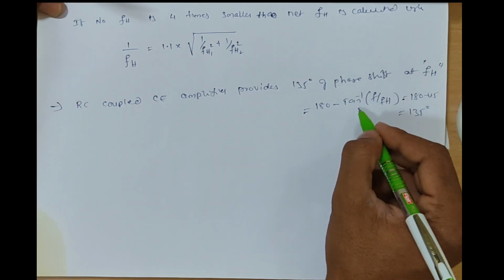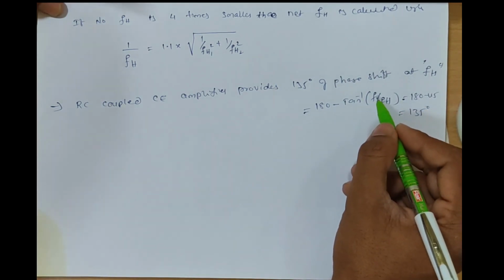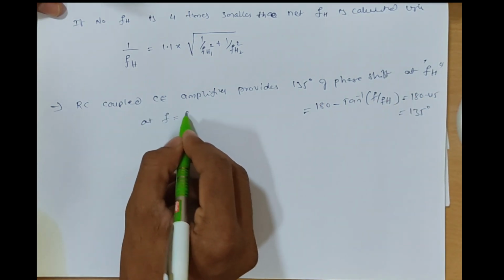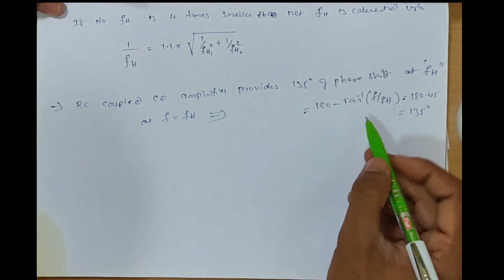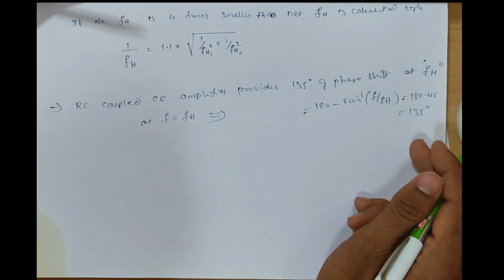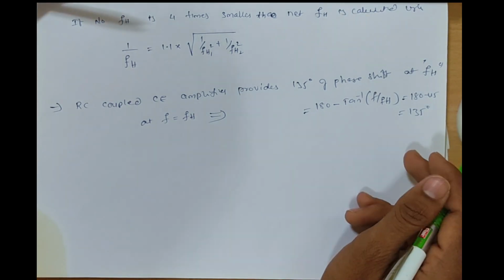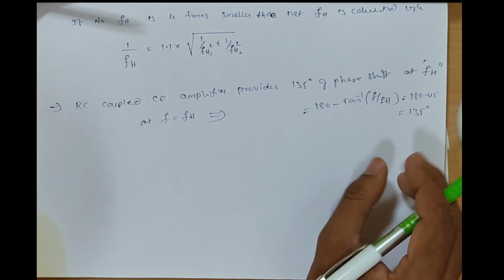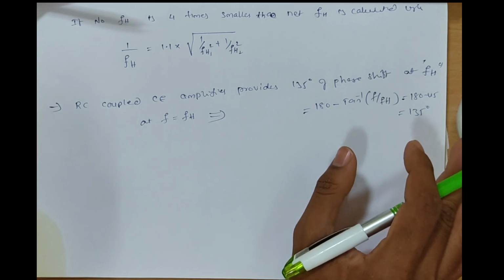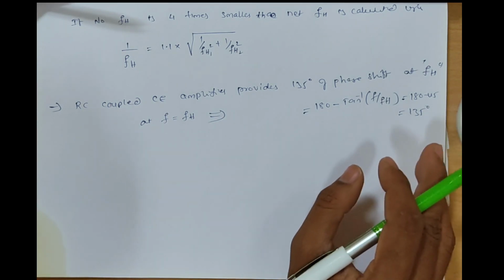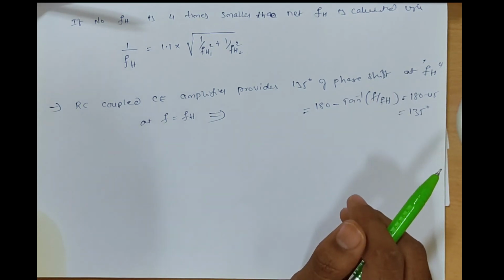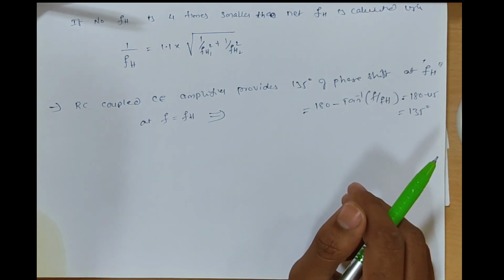So the RC coupled amplifier offers a phase shift of 135 degrees at FH. This is about the RC coupled CE amplifier at high frequencies. So till now we analyzed the BJT amplifiers at the midband frequencies, lower frequencies and higher frequencies. Yes, thank you.